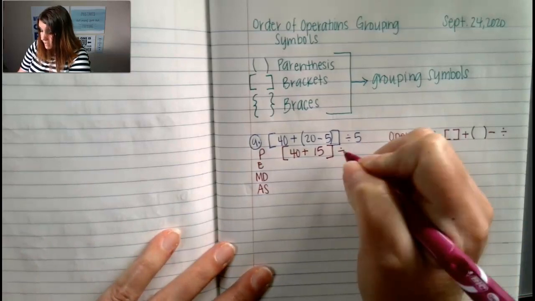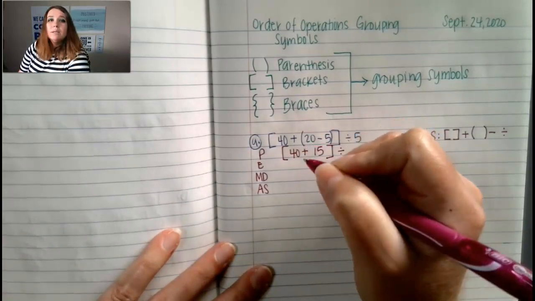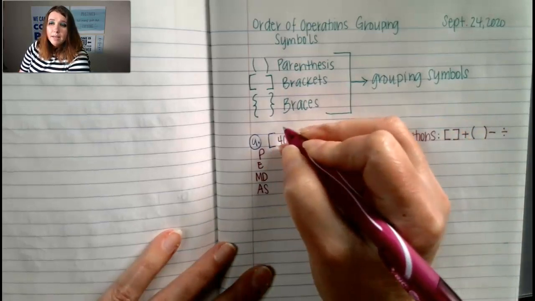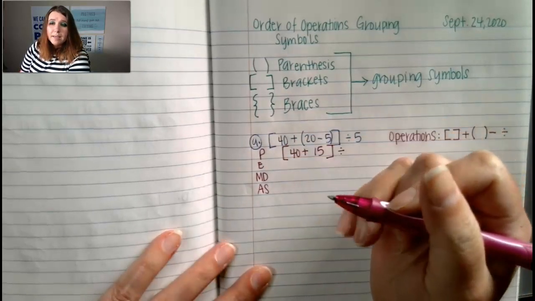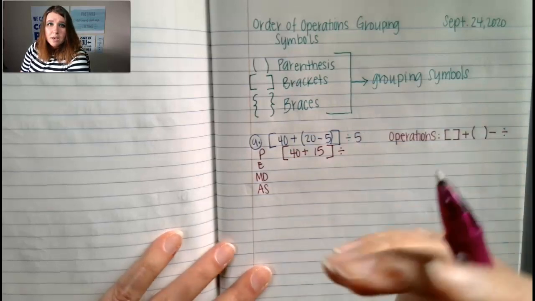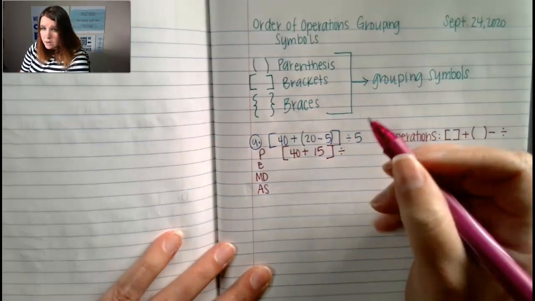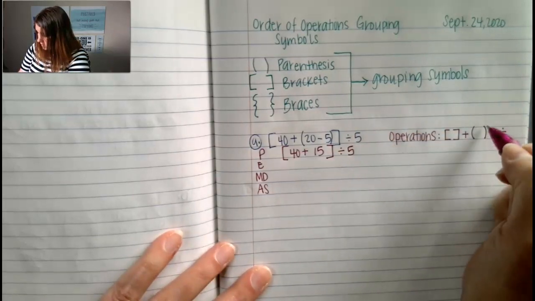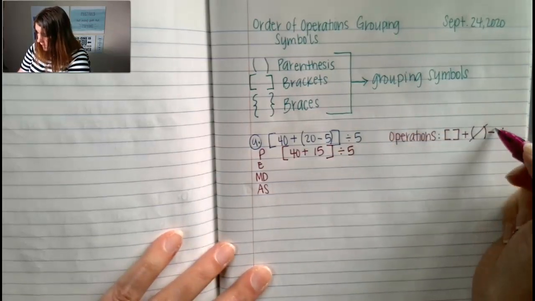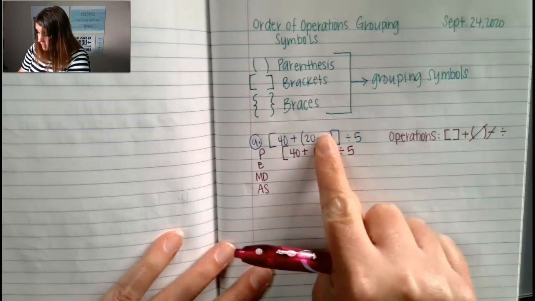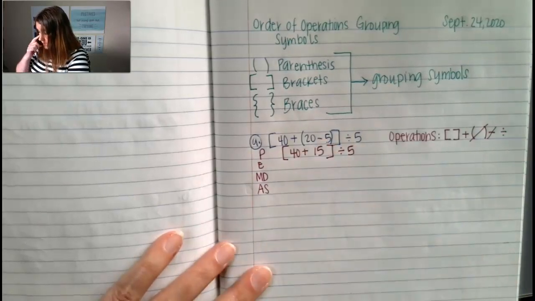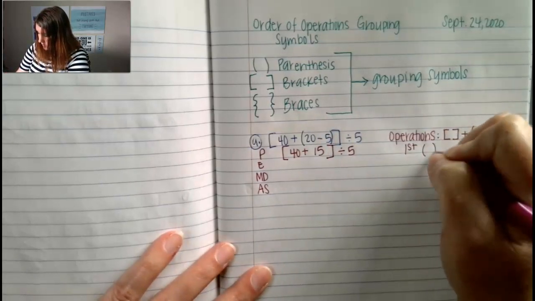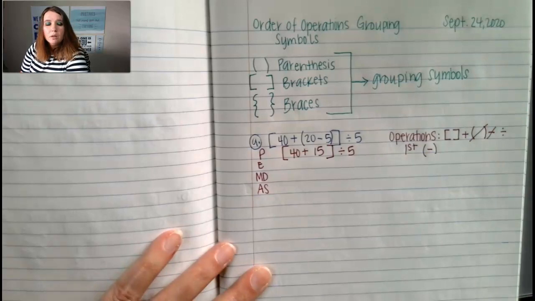I started at these parentheses because they are inside this bracket, so that's where I need to start, divided by 5. I've done parentheses and gotten rid of this subtraction symbol. So my first step was parentheses subtraction.